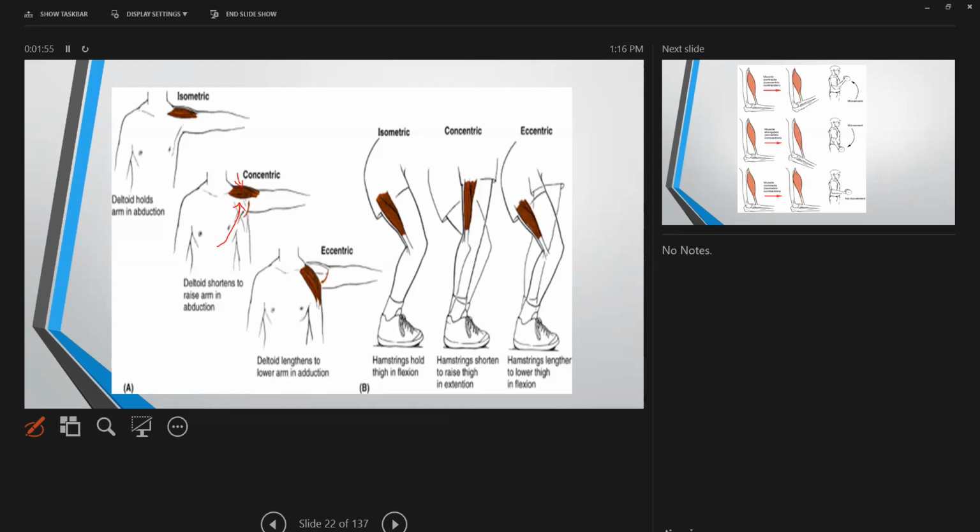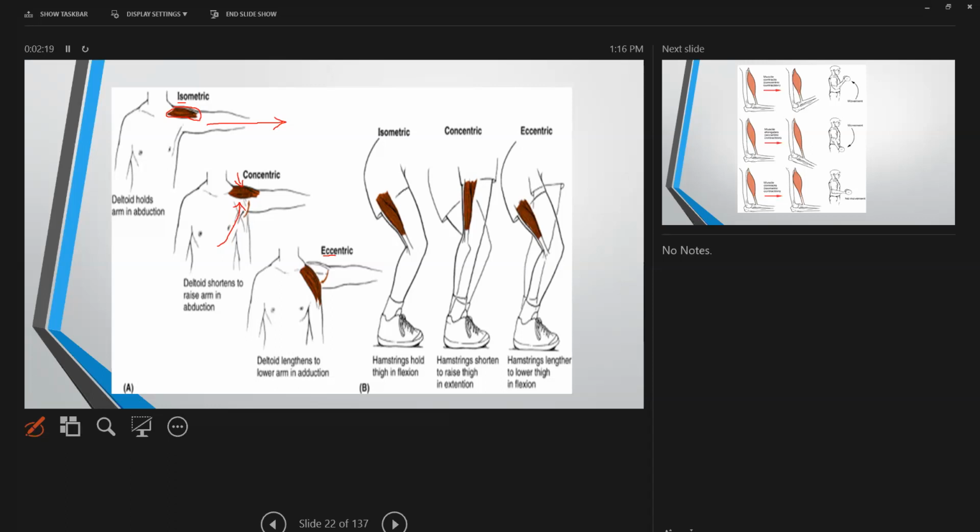As you hold it up there for a count or whatever, then the rhomboid is contracted, although the lever is not moving. This is considered isometric. And then as you relax the muscle and bring it back to its starting point, that's considered an eccentric contraction.